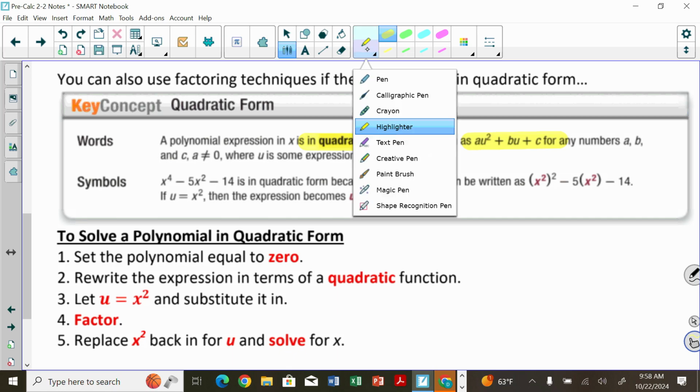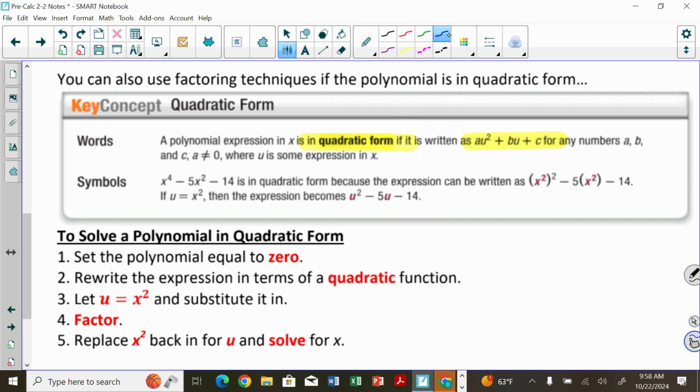It means just think about, in this case, f of g of x. Remember when we did that, we had to plug in g of x into the f function. We're kind of doing that. U is some expression in x.